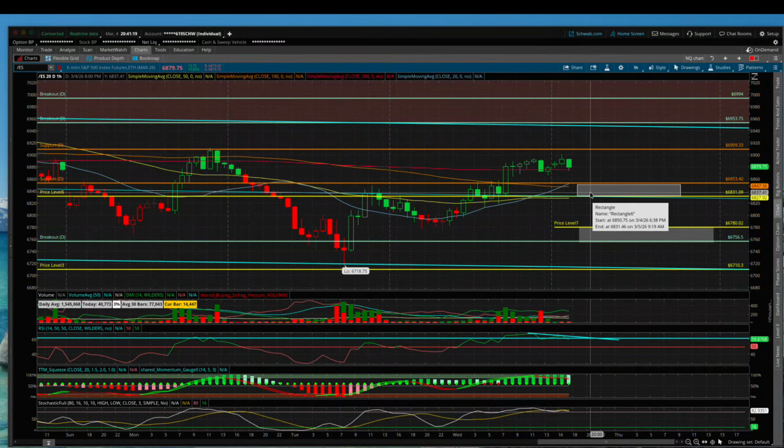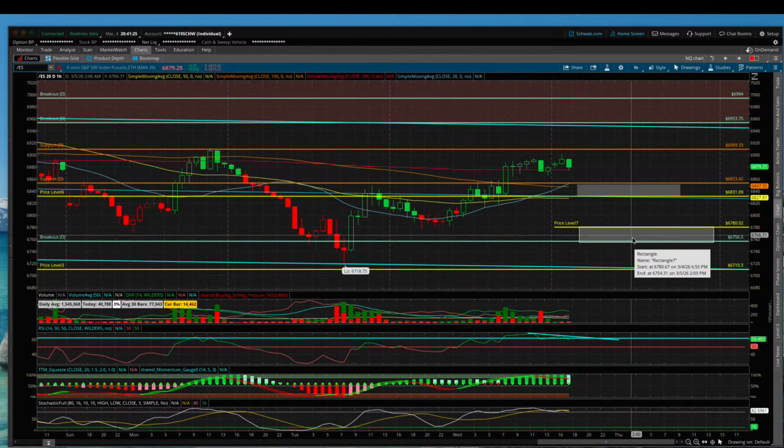So we're going to come down to zone 1 at least. If we don't hold that, come down to zone 2, and then we see if we hold that or not. Even if we're not holding, I'm still going to get some longs there, just in case some kind of news comes out and we rip it up.